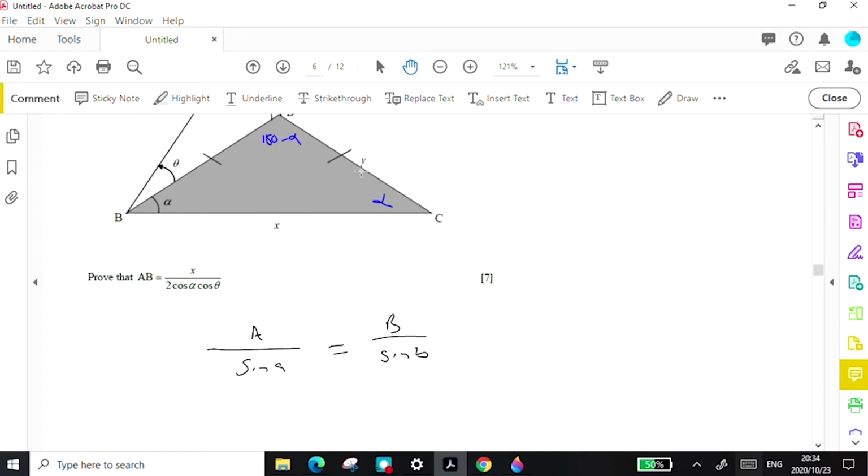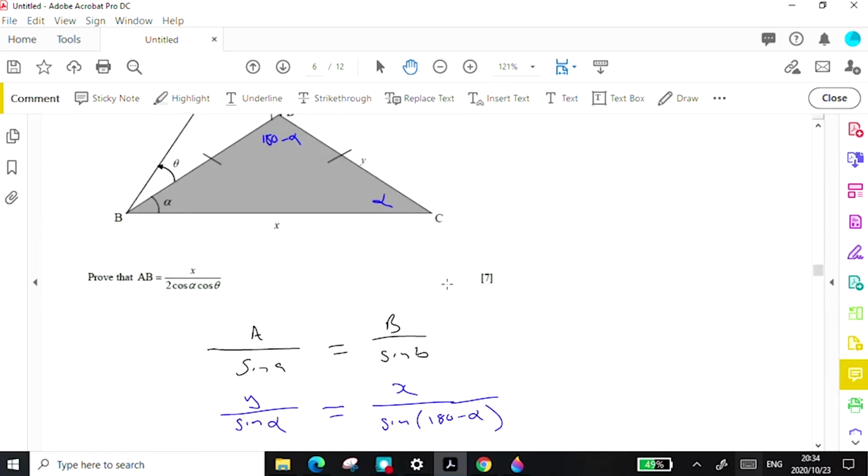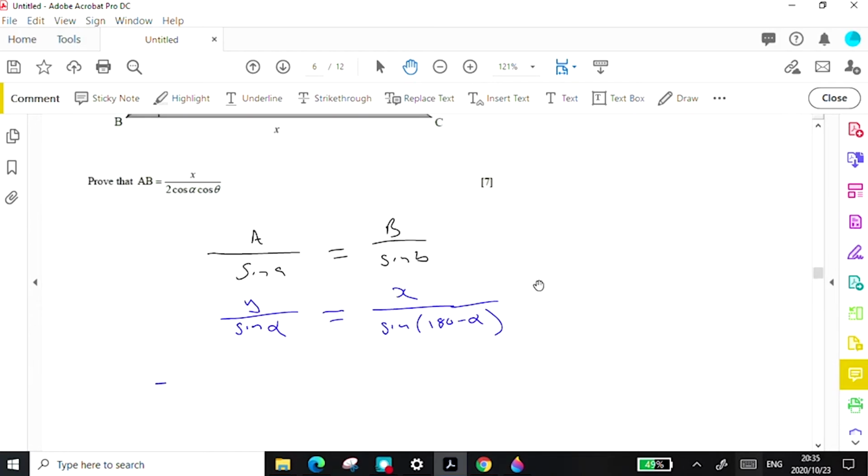So y divided by sine alpha is equal to x divided by sine of 180 minus alpha. And this implies that y is equal to x sine alpha divided by sine of 180 minus alpha.